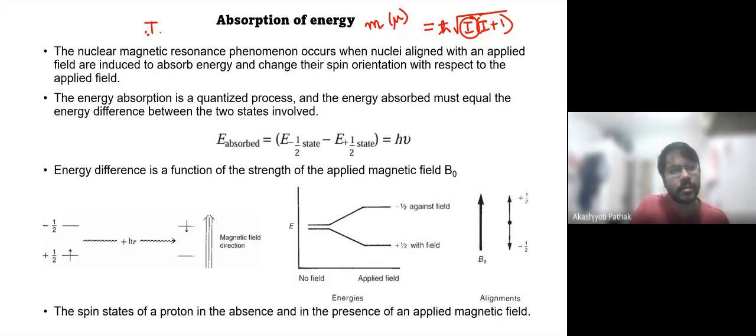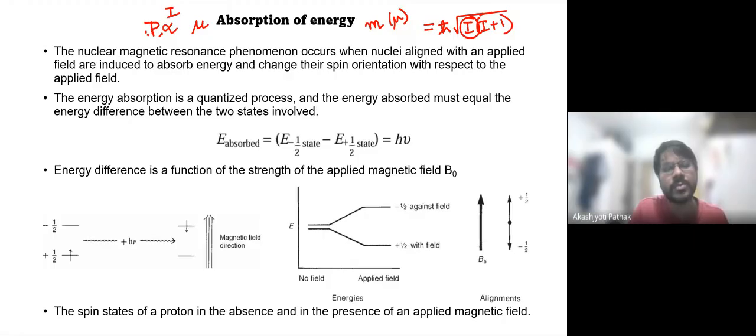Just remember that spin angular momentum is denoted by the letter p, while the spin quantum number is denoted by the letter I. The spin angular momentum is directly proportional to the magnetic moment mu of the nuclei.